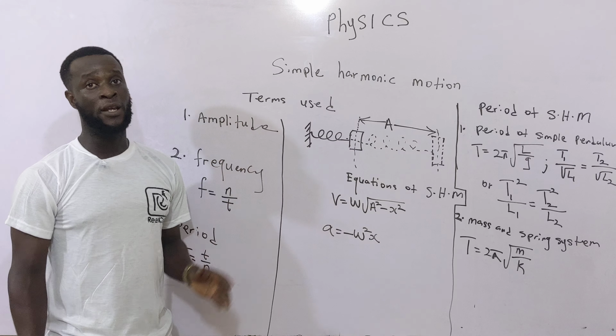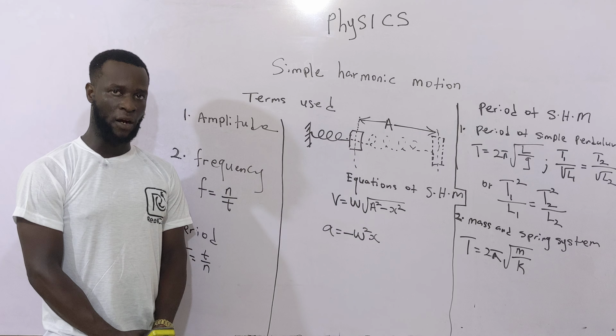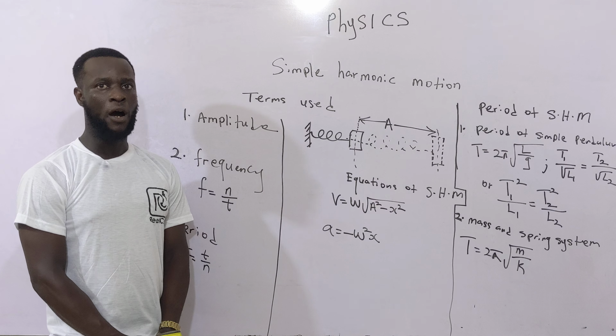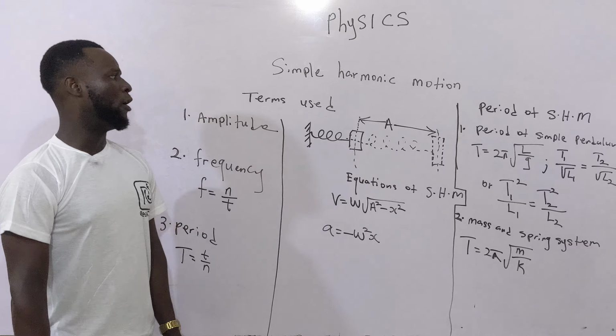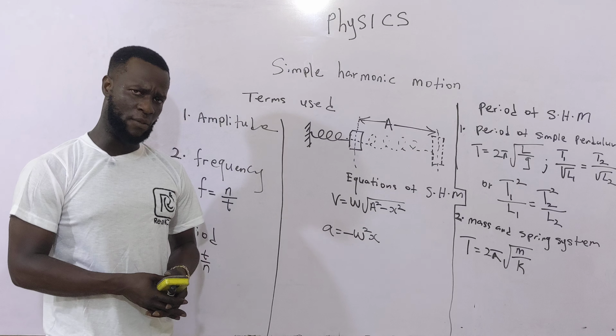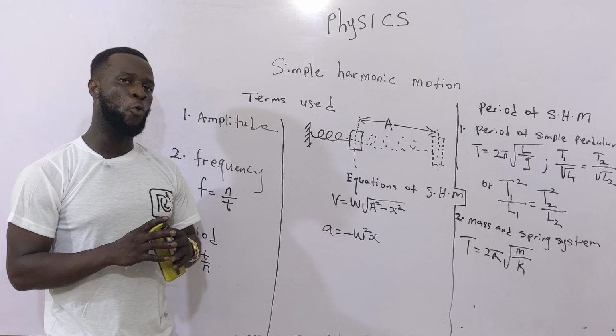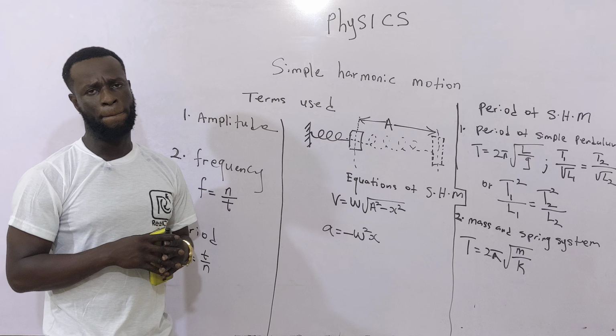Here today, we'll be talking about simple harmonic motion, which is a follow-up from circular motion. Now, what is simple harmonic motion? A body is said to undergo simple harmonic motion when it fits this criteria.